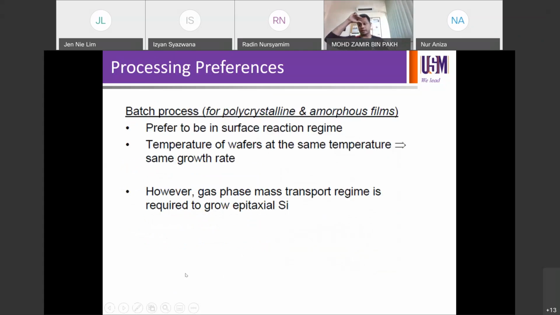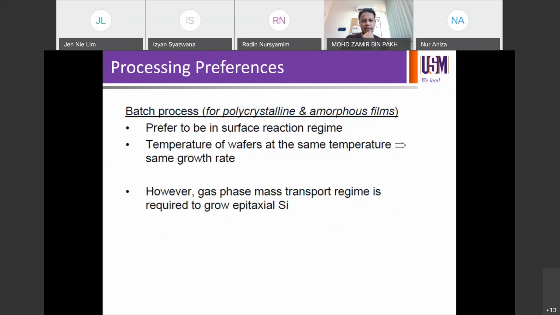So in terms of processing, you can do a batch process, but normally this is required in mass production. So you can produce either polycrystalline silicon or amorphous silicon. So the quality can be made polycrystalline or amorphous depending on the process parameters.